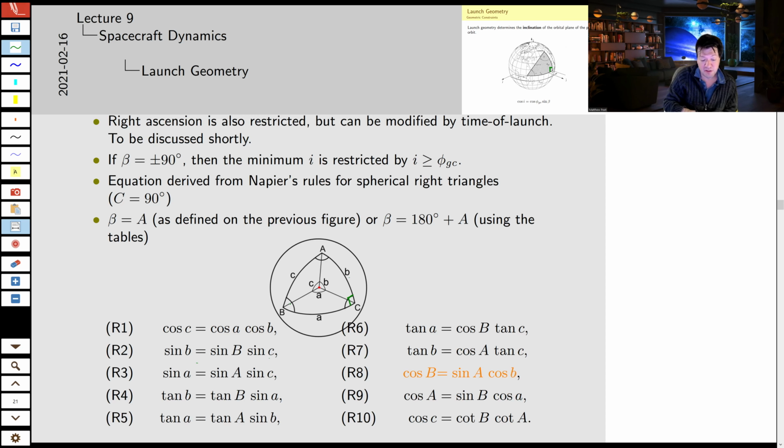So that's a very useful set of rules, but there's no way to actually remember them all, of course. In particular, the rule that we're using here is Napier's 8th rule, where B is inclination, A is azimuth, and little b is latitude. So we're using Napier's 8th rule.